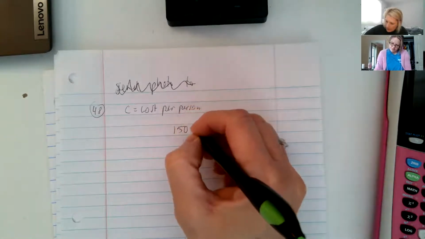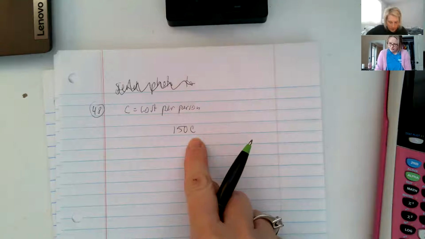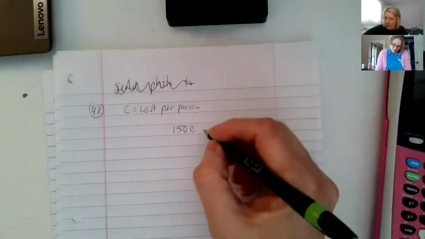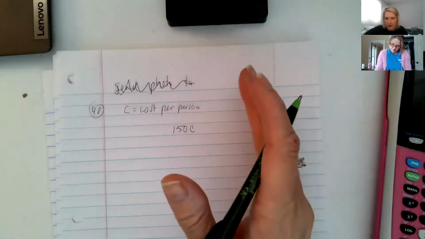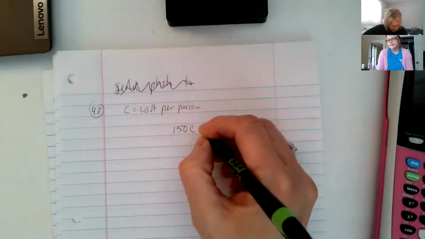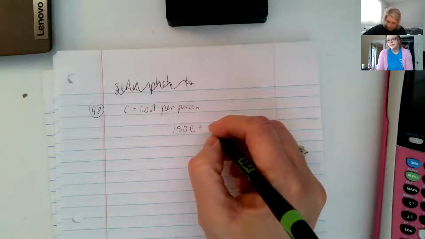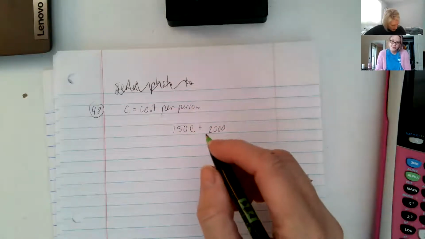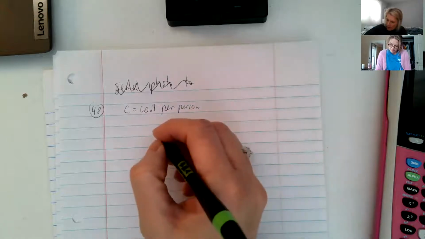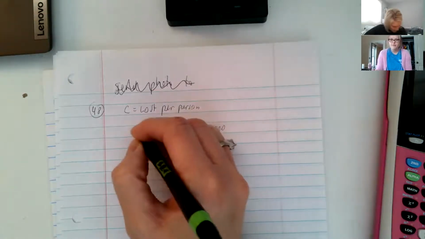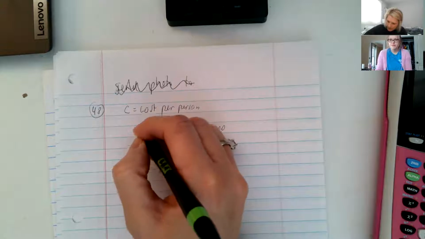So we're going to have 150 times the cost per person, right? And they said we're going to have a fixed cost, which means something that you have to pay no matter what, even if you have one person come or 300 people come. And they said that fixed cost is $2,000. And they want this to be less than or equal to $6,500.